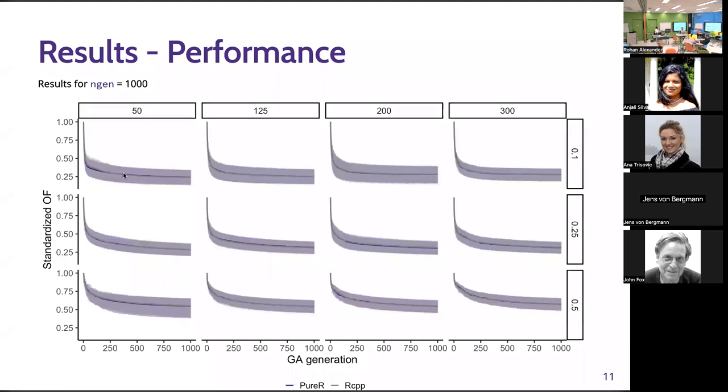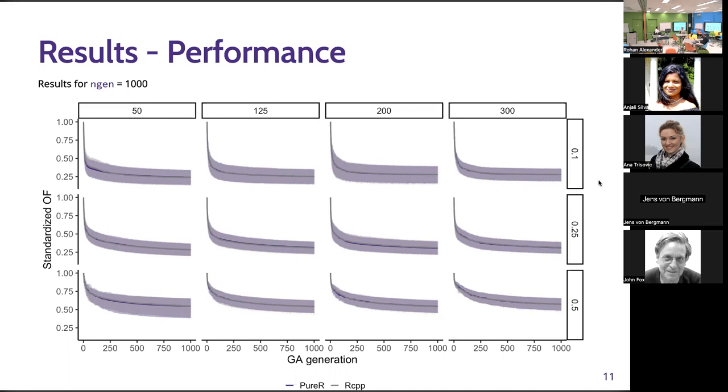There are 2 lines, one purple and one gray, and the bands are the errors, the range of the different values that it reached. The vertical panels are the initial population size, and the horizontal ones are the sampling fractions that effectively translate to the phase 2 sample sizes.